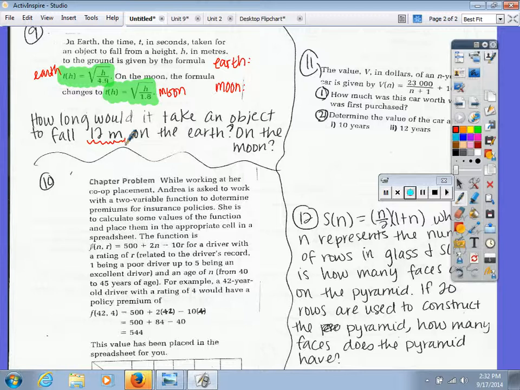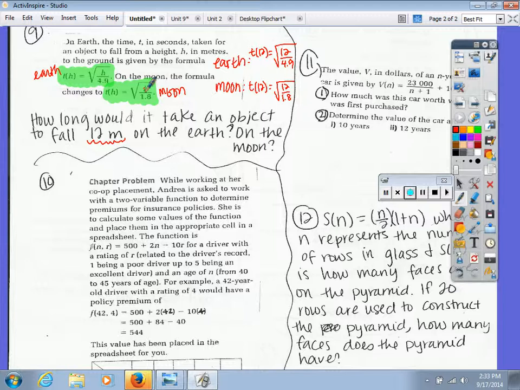For Earth, it's going to be what? Yes, square root of 12 over 4.9. What about my equation for the moon? Very good. 12 over 1.8. So all you're doing is substituting 12 in for your h.